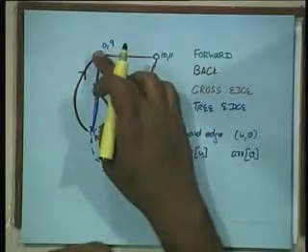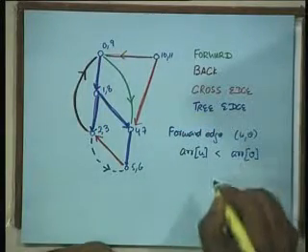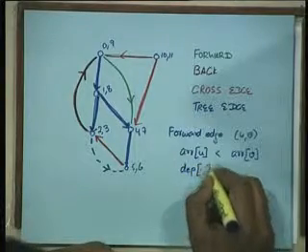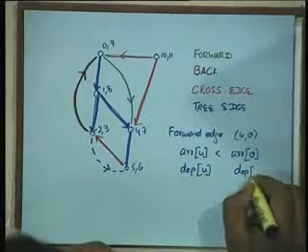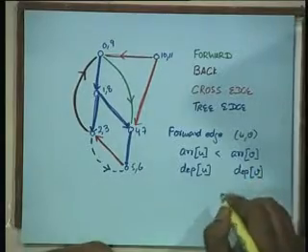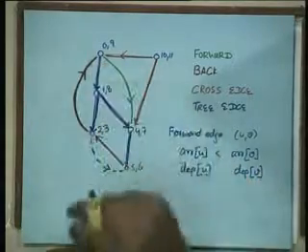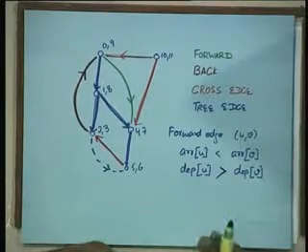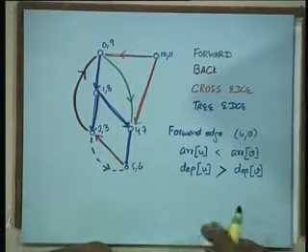I would have first reached u and then I would have reached v. What can I say about the departure of u versus the departure of v? Clearly, I will leave this before I leave that. So, departure of v is less than the departure of u. That is for a forward edge.